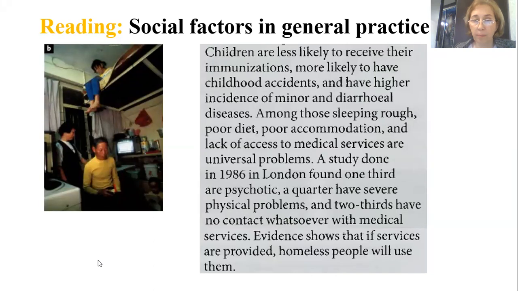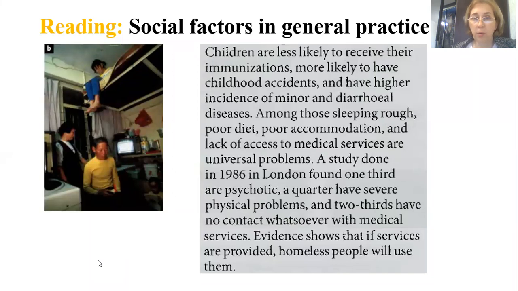A study done in 1986 in London found 1/3 are psychotic, a quarter have severe physical problems, and 2/3 have no contact whatsoever with medical service. Evidence shows that if services are provided, homeless people will use them.